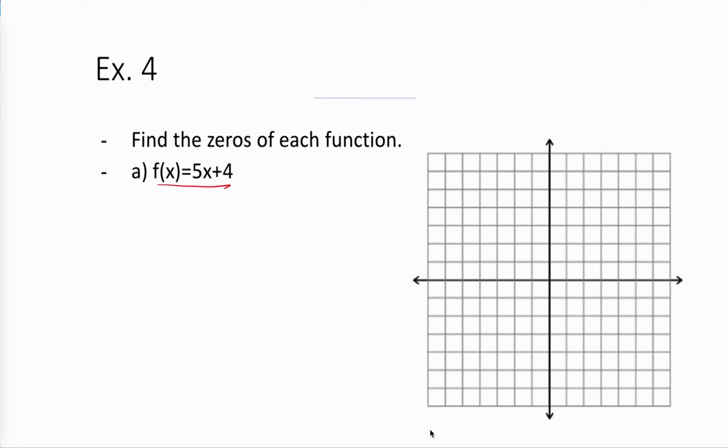If we were to graph this, we would graph the intercept first at 4, and then we would have a slope of 5, rise 5 and run 1. In this case, I'm going to go down and to the left just because I don't really have room to go the other way.